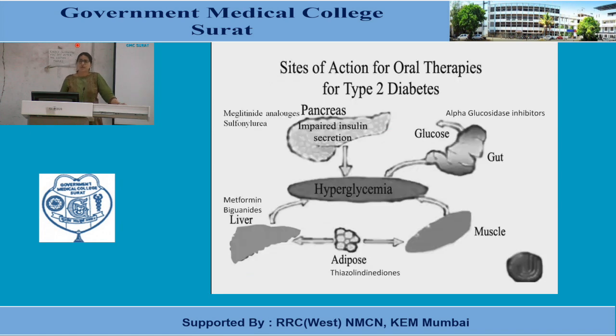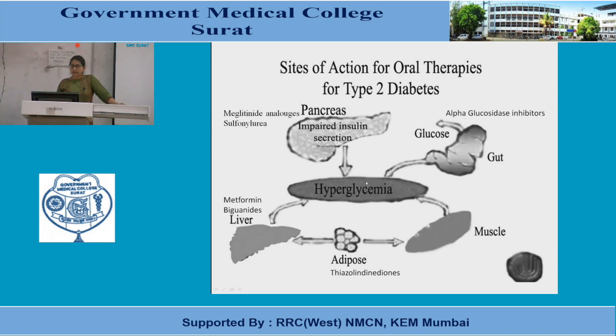This is the pictorial presentation of the gross site of action of oral therapies for type 2 diabetes mellitus. The drugs which act at the pancreas, where there is impaired insulin secretion, are the meglitinide analogs and sulfonylureas. At the gut level, where there is absorption of glucose, alpha glucosidase inhibitors act.